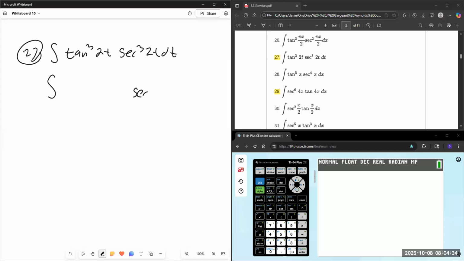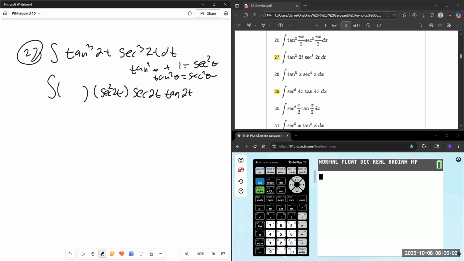So this is secant 2t tangent 2t, and I like those other two secants that are there, and I want to change these two tangents here. Tangent squared theta plus 1 is equal to secant squared theta. So tangent squared theta is secant squared theta minus 1.